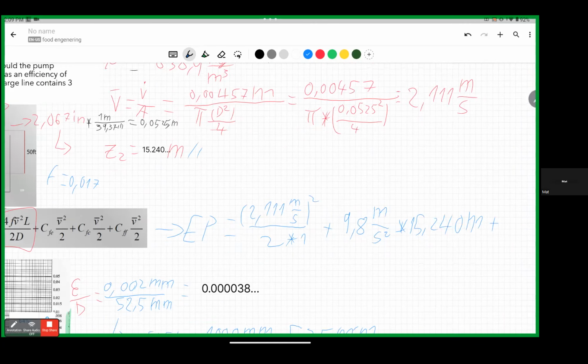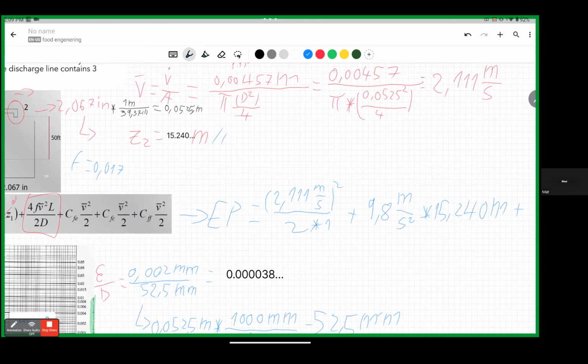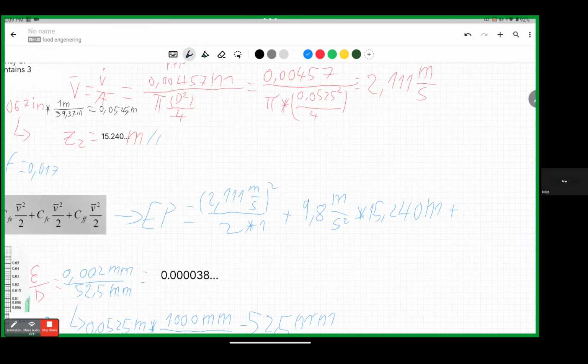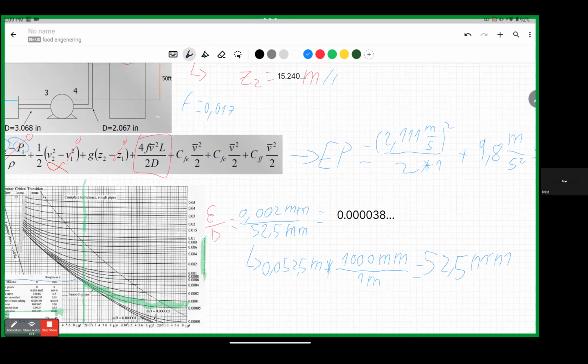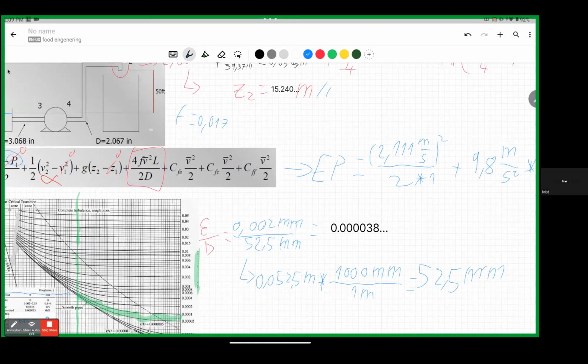In this part and the next part, we calculate the influence of movement in the pipe. For that, we need a lot of things. For example, we need the friction factor. From the Moody diagram, we already have it. The friction factor is 0.017. The velocity will be the same, the square of the velocity, velocity number 2 for calculation.